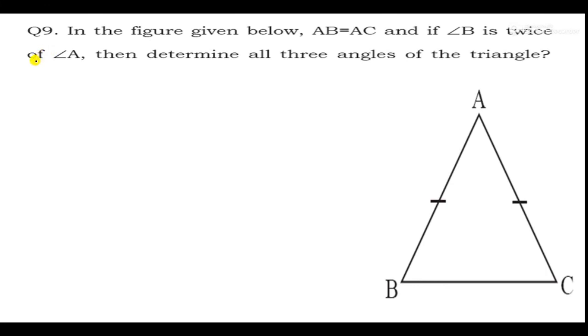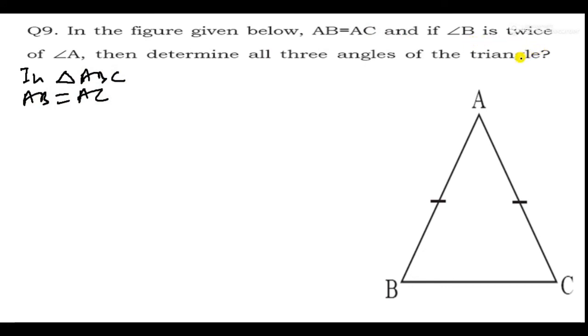Now come to question number 9. In the figure given below, AB and AC both are equal. So this one is AB and this one is AC. Both are equal. So you have to write in triangle ABC, AB is equal to AC. It is given.